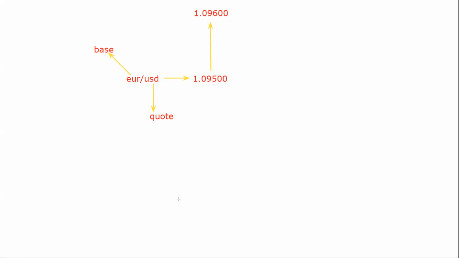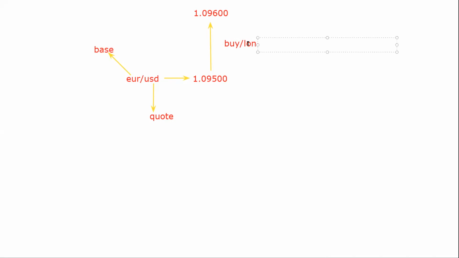The act of appreciating, we call it a buy action or a long action, and that is the act of buying.